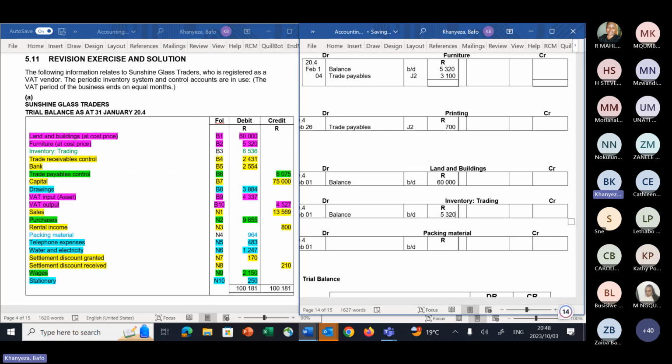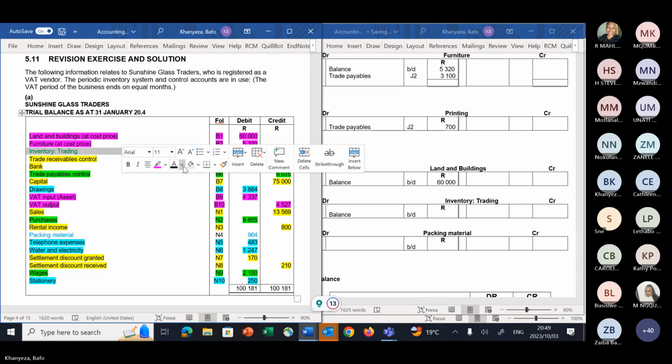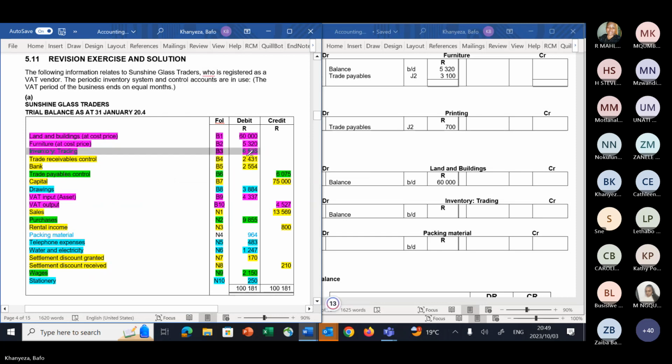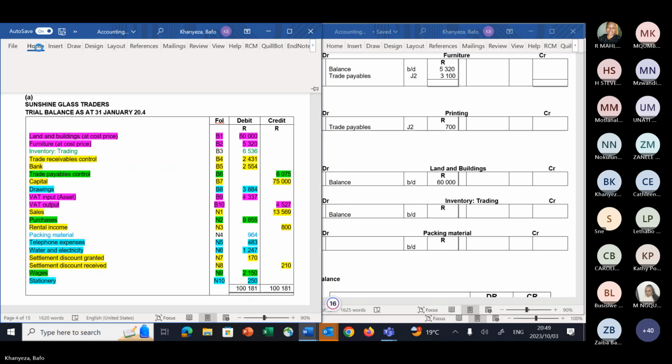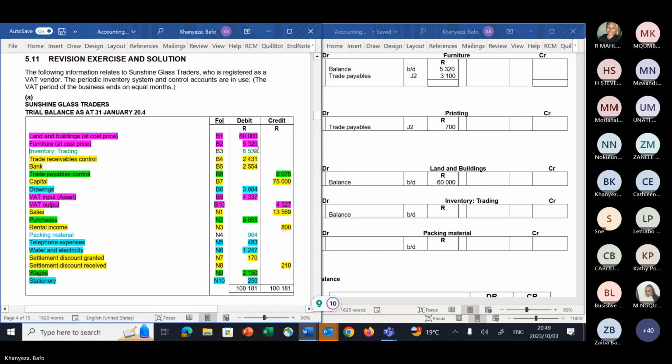No, it's not 5320. It's 6. I have to change the pen.